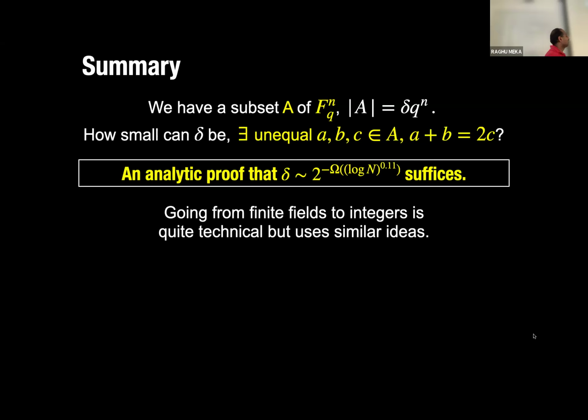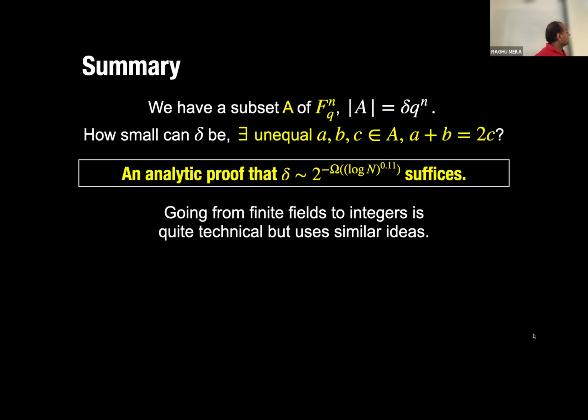But going from finite fields to integers can be done here, but it's quite technical. The main difficulty is that over integers, we don't have nice structures like subspaces to do induction. So what really saves us over F3 to the n is that we have all of the subspaces to do induction. Over integers, we don't. So what do you do there?